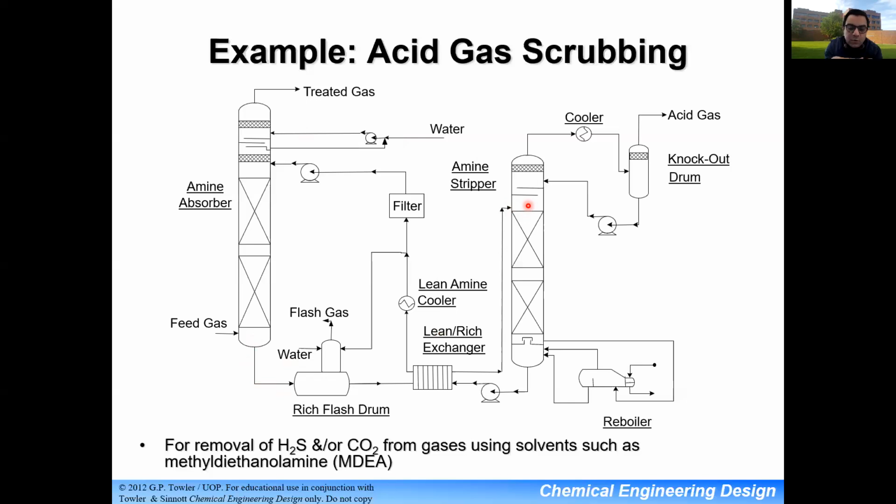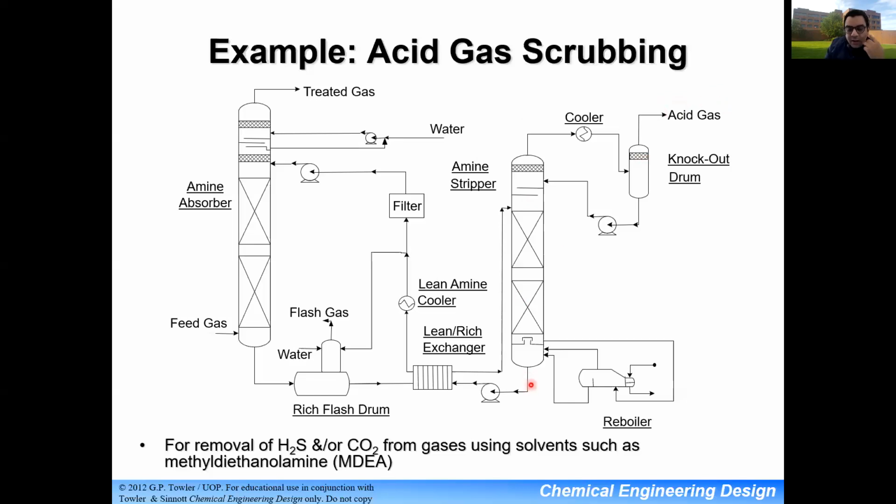Most of the time it's a temperature type of stripper. Sometimes it's a pressure stripper, where I change the pressure suddenly or change the temperature suddenly, and the gas bubbles out of the liquid, and you get the acid gas, the gas which was just absorbed, as a separate pure component.